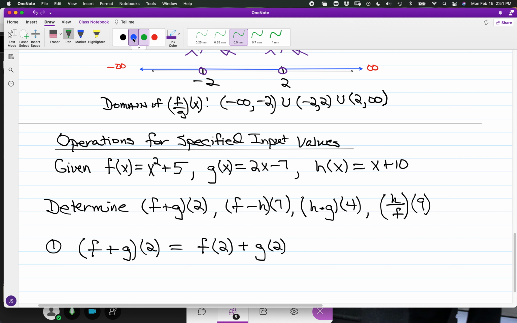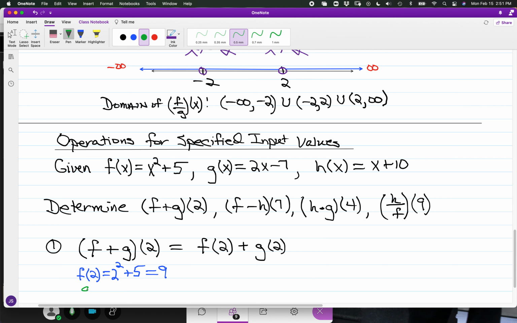Upon determining f of 2, with x at 2, we have 2 squared plus 5. 2 squared is 4, 4 plus 5 is 9.